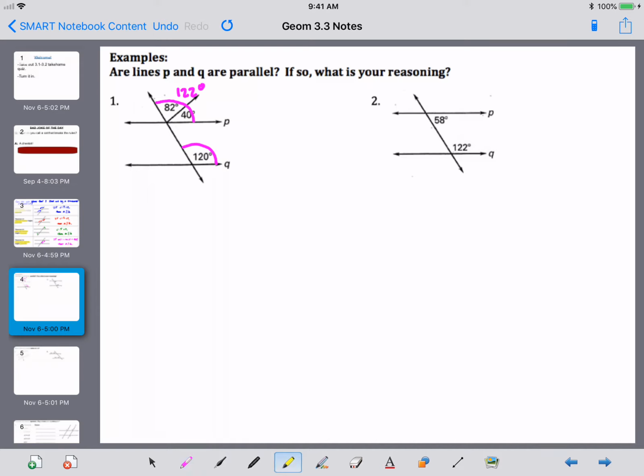Well, this one is 120 degrees, so that's not going to be giving us parallel lines because the corresponding angles are not congruent. So they cannot be equal if they're not congruent.